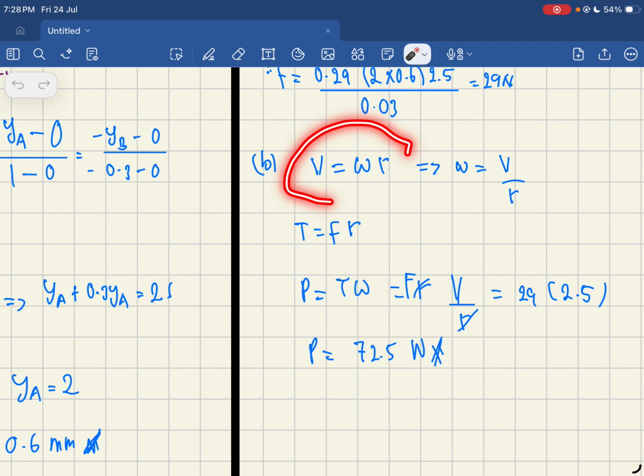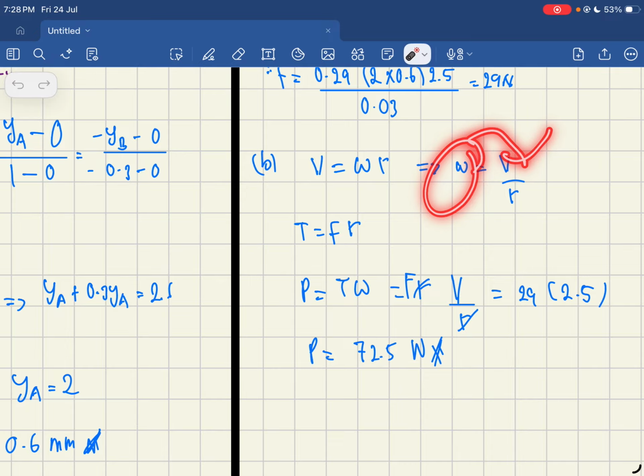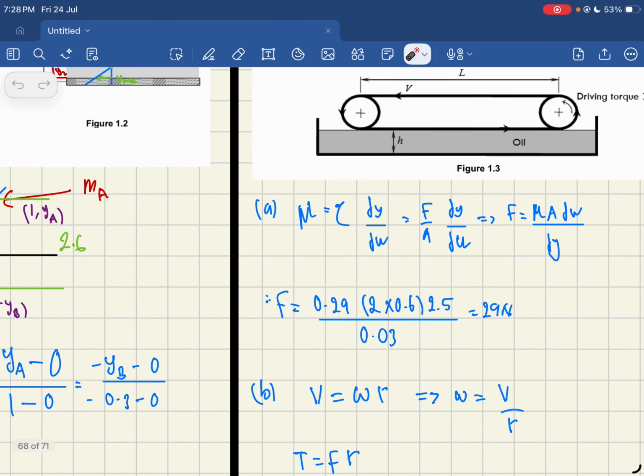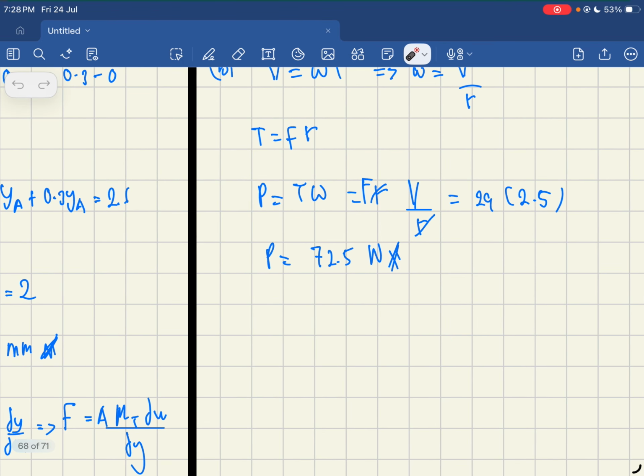We know that the relationship between linear velocity and angular velocity is V equals omega R. Omega must be in radians per second, and thus omega is equal to V over R. Rearrange this equation. We know that the torque is equal to force times distance, in this case force times the radius of this circular shape.